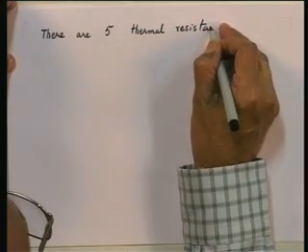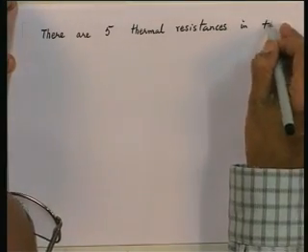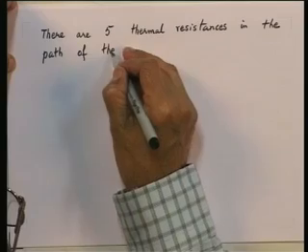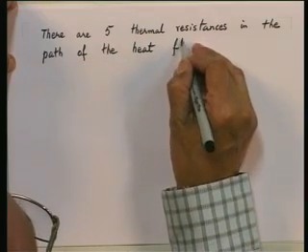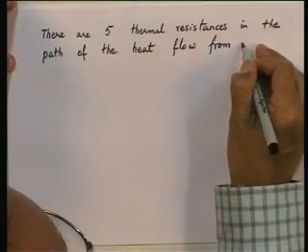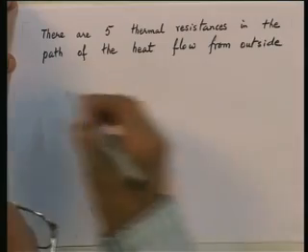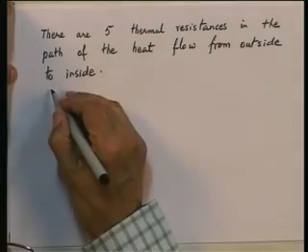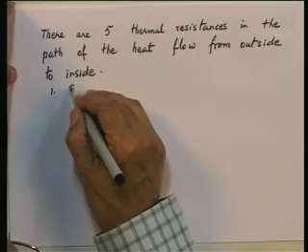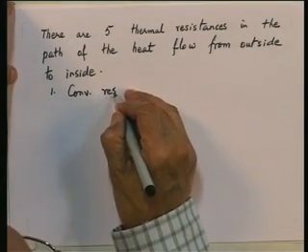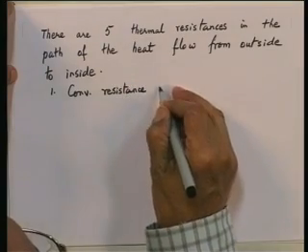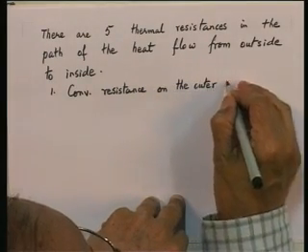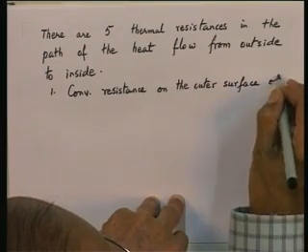What are these? Number 1, convective resistance on the outer surface of the outer shell.